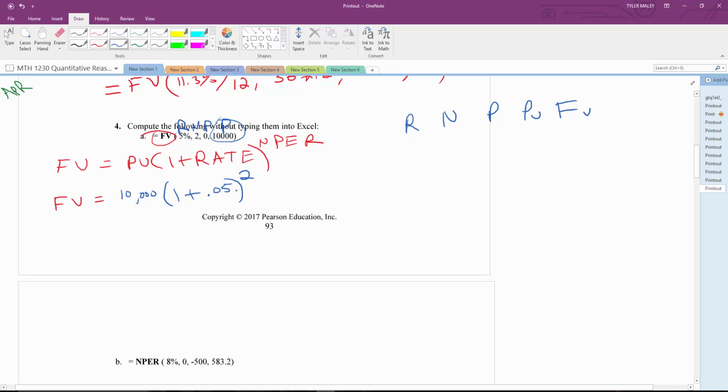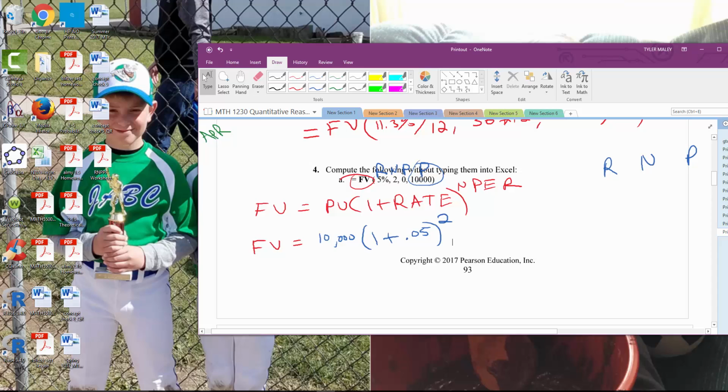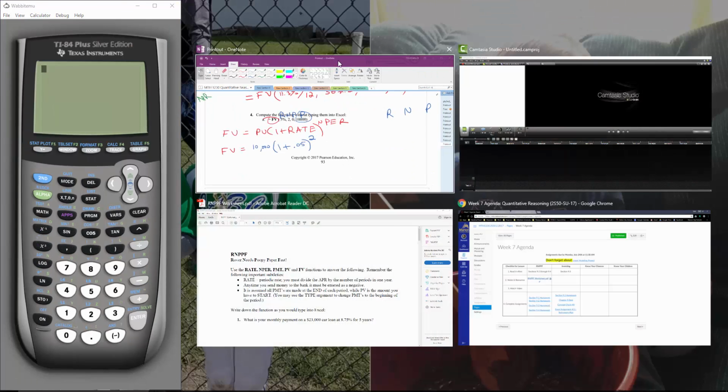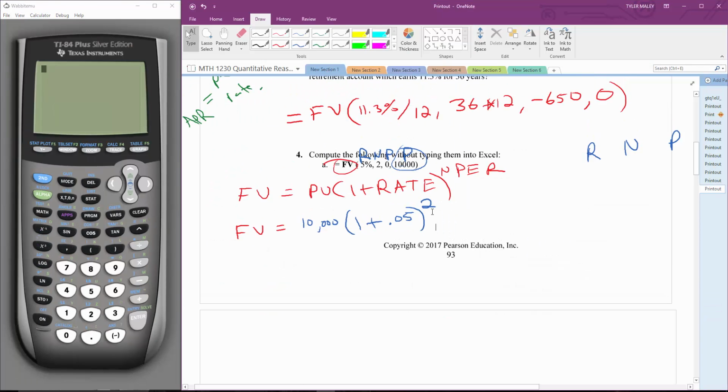So we could easily plug this into our calculator. If I take 10,000 times 1.05, and this would be to the second power, we get a future value of $11,025.